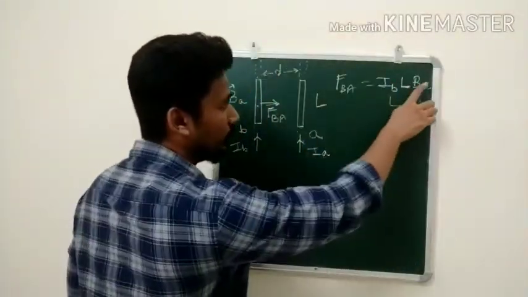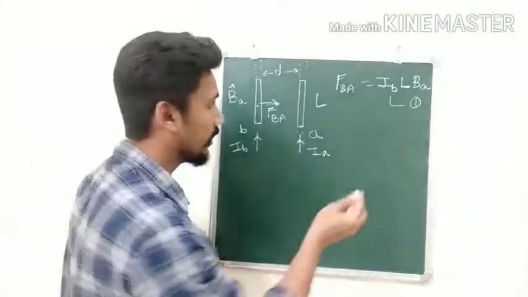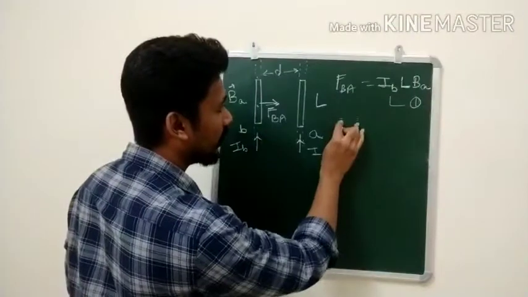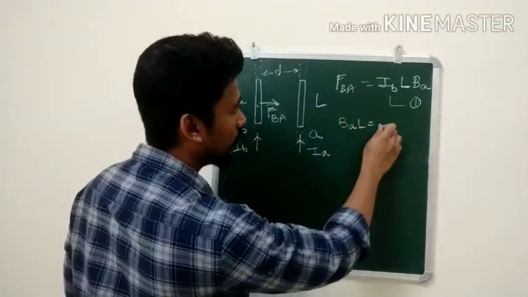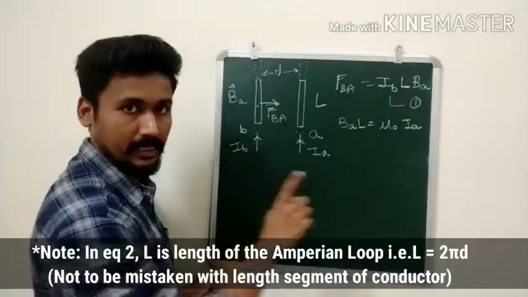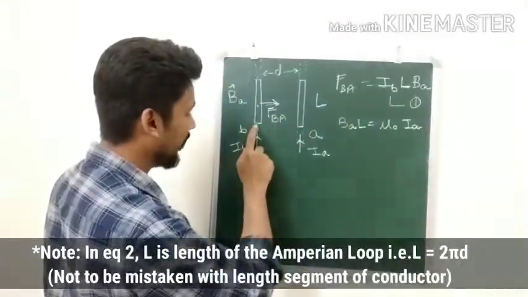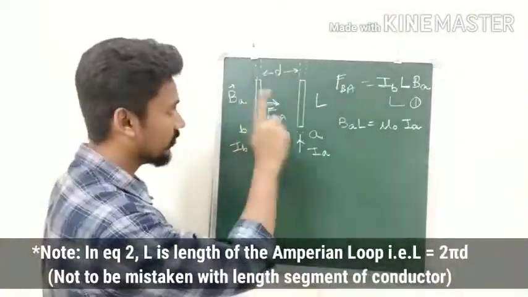Now we can find this magnetic field BA by using Ampere's circuital law. Using Ampere's circuital law we get BA into L equals mu naught into IA, that is, the magnetic field BA multiplied by the total length of the Ampere loop.